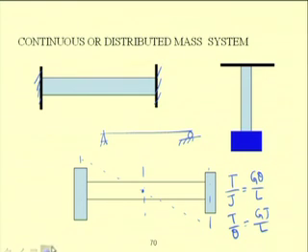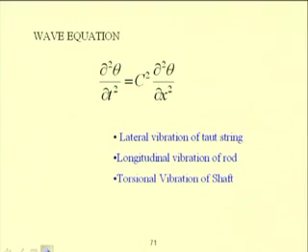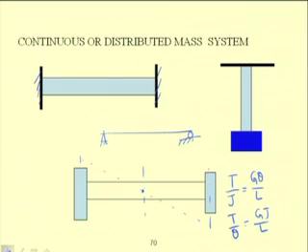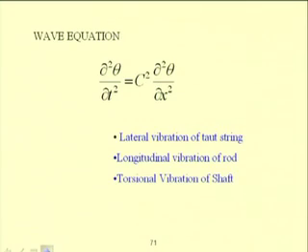So, one can write the equation of motion of the longitudinal vibration of a rod, the rotational vibration of a shaft, or the lateral vibration of a taut string by using the wave equation.